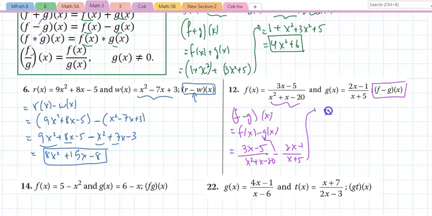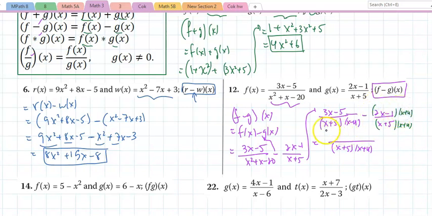If I factor x squared plus x minus 20, it's x plus 5 times x minus 4. The LCD is x plus 5 into x minus 4.